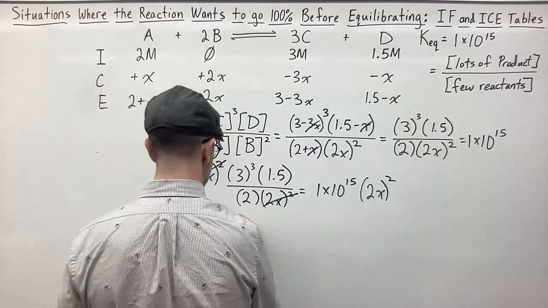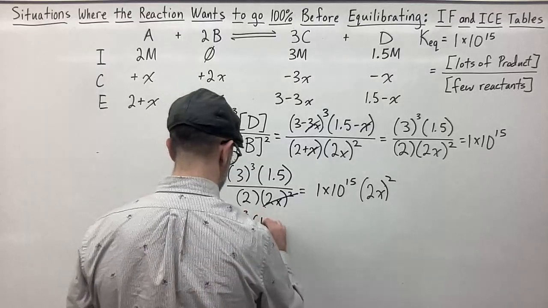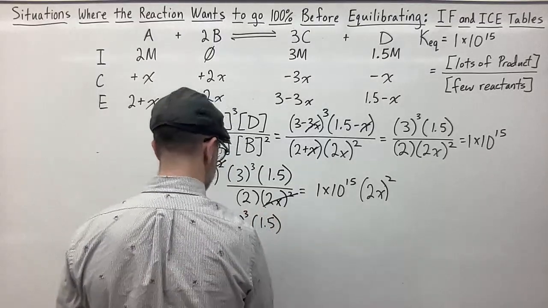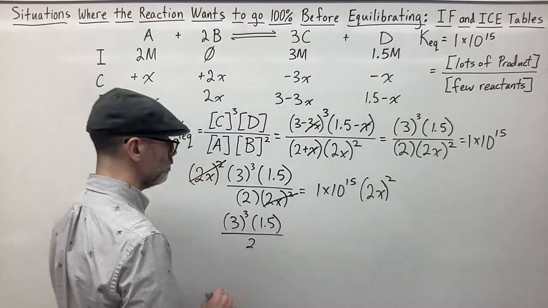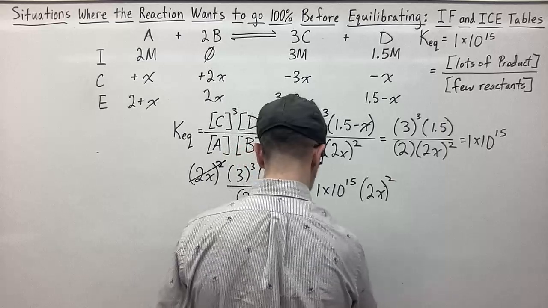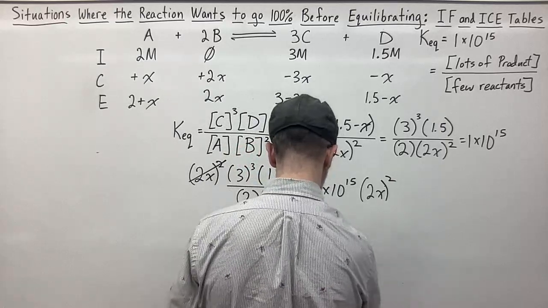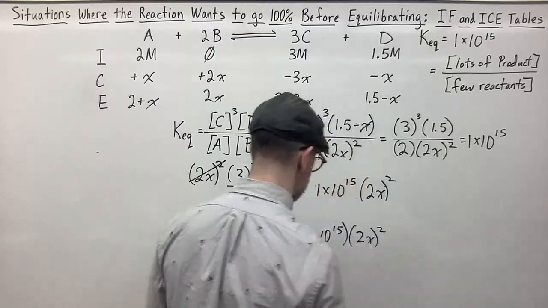So then this is going to be 3 cubed times 1.5 divided by 2, and that's going to be equal to 1 times 10 to the 15 times 2x squared.